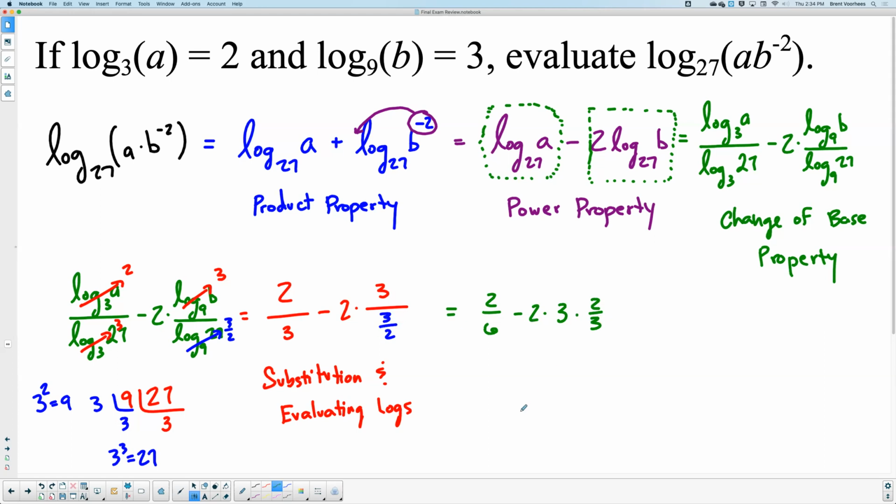So 2/3 minus 2 times 3 times 2/3. Instead of dividing by 3/2, we're multiplying by 2/3. Once we simplify this, we'll have our answer.